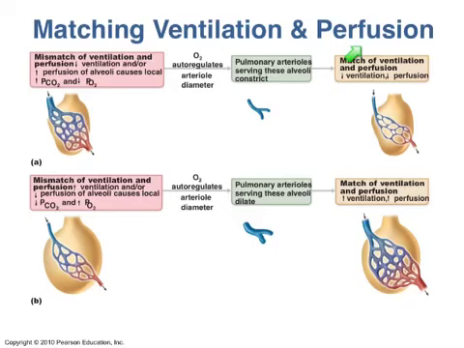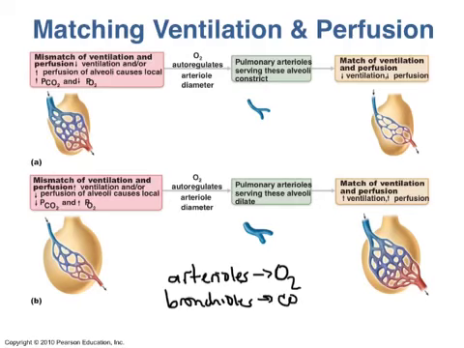In order to match ventilation and perfusion, you have responses both of the arterioles and of the bronchioles. The arterioles, which control blood flow to the capillary bed, respond to oxygen. The bronchioles respond to carbon dioxide.